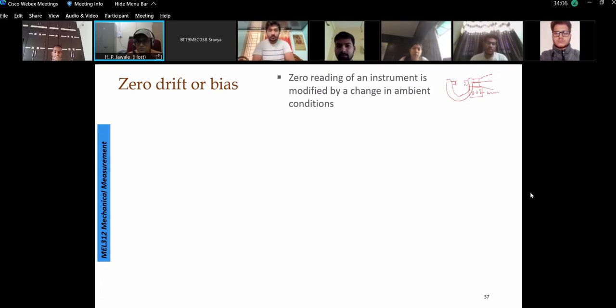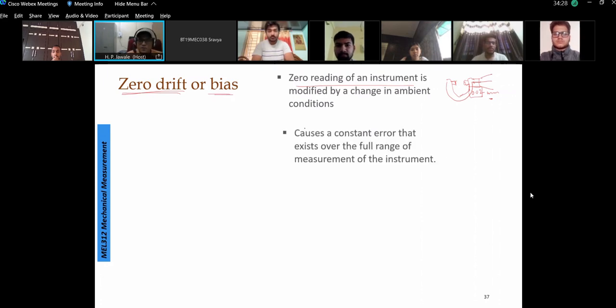It means that zero has been shifted. So this is something similar to the bias. So the zero reading of the instrument is modified or shifted from the ideal place due to ambient condition or maybe because of the operating situations. That is called a zero drift or a bias of the instrument. So then it causes a constant error. I think this we have discussed.